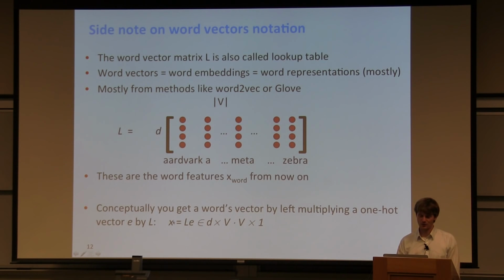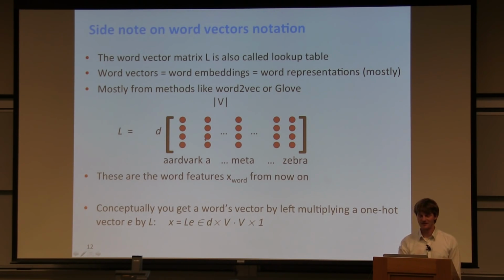So imagine you want to get the X vector, the word vector, out at the location, let's say 2. Then you basically take this very large L matrix and you have a very high dimensional one-hot vector E that is basically 0, 1, and then hundreds of thousands of zeros, and you multiply these two together.